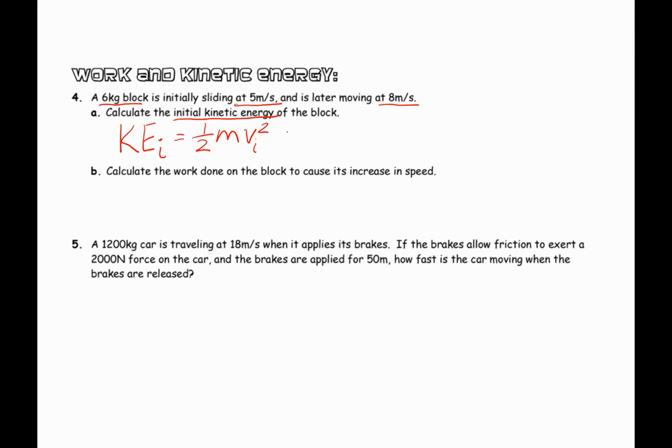So I'm going to take my 1/2 and I'm going to look at my problem. 1/2, my mass is 6 kilograms, and my initial velocity, initially sliding at 5 meters per second, squared. So I have 1/2 times 6 times 5 squared is going to end up giving me a value of 75 joules.